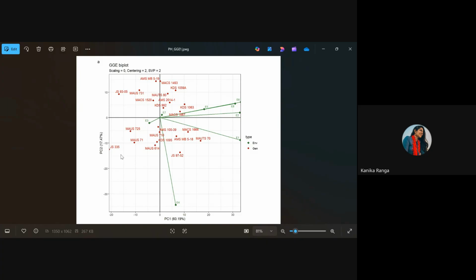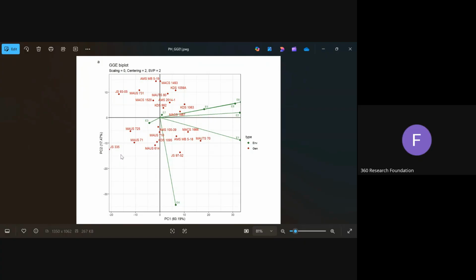Sir, can you interpret JS 335 in relation to PC1 and PC2? That is my question. I asked that question, but I am still not getting the answer I am expecting. Sir, maybe this genotype is negatively correlated, because on PC2, on this X and Y axis, both sides values are negative.